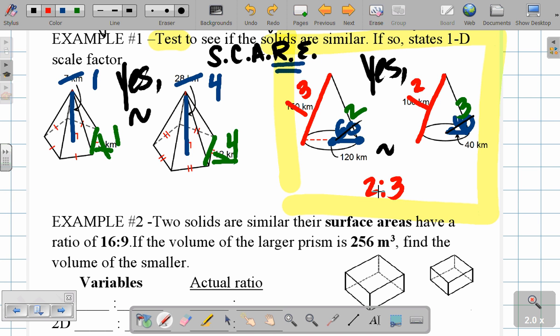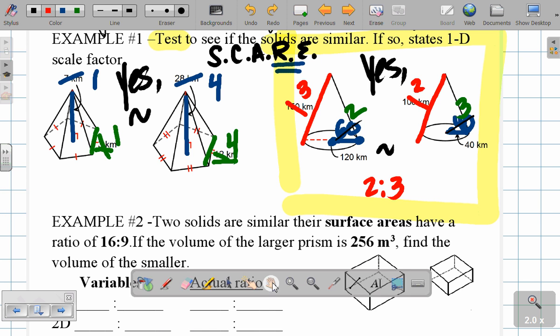So 40 was a radius. Fabulous. The guy was like, that's wrong. All righty, you tell them.